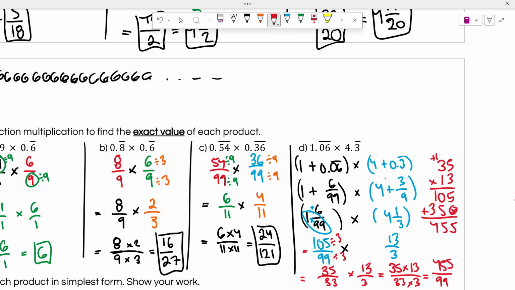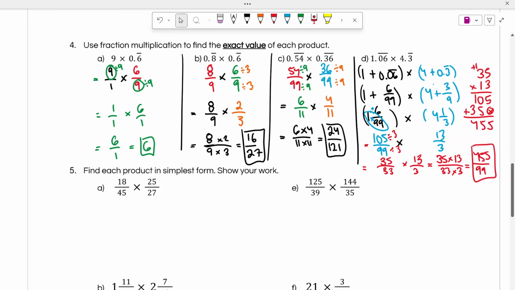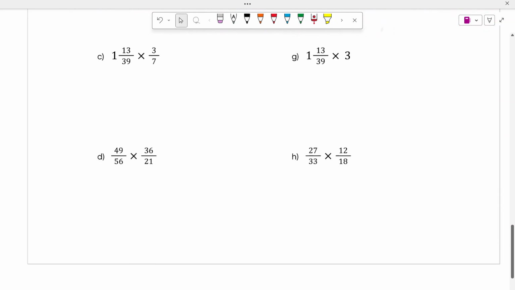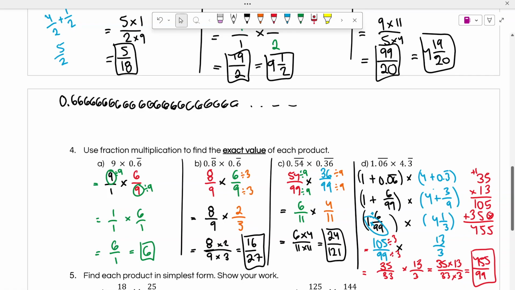Check if that makes sense. 35 times 10 would be 350, plus another 105. Yeah, 455. Again, since I didn't have any simplification possible over here, I know there'll be no simplification possible at the end. Okay, so you can apply these ideas to all of our other questions, which might just require different levels of cross-reducing. But hopefully this helped you with the basic idea of using our fraction multiplication symbolically.